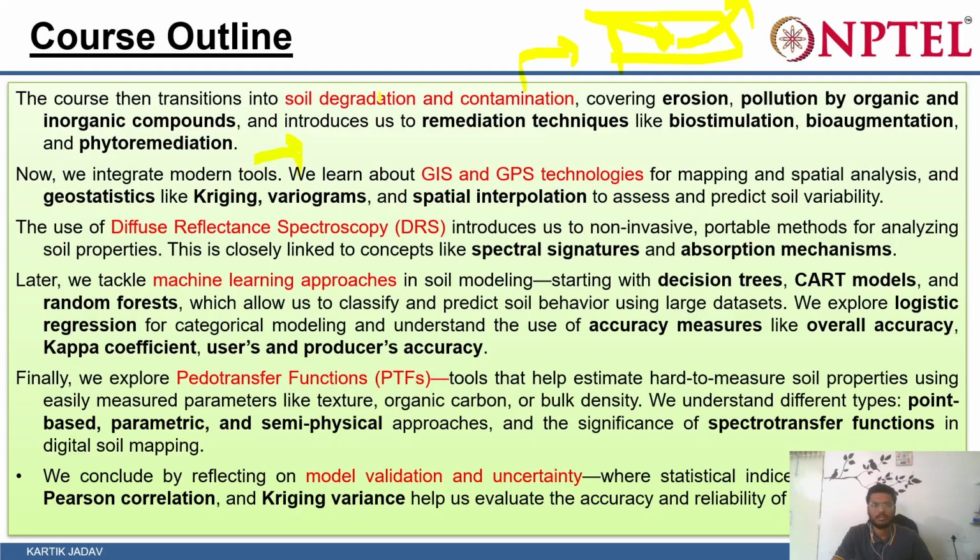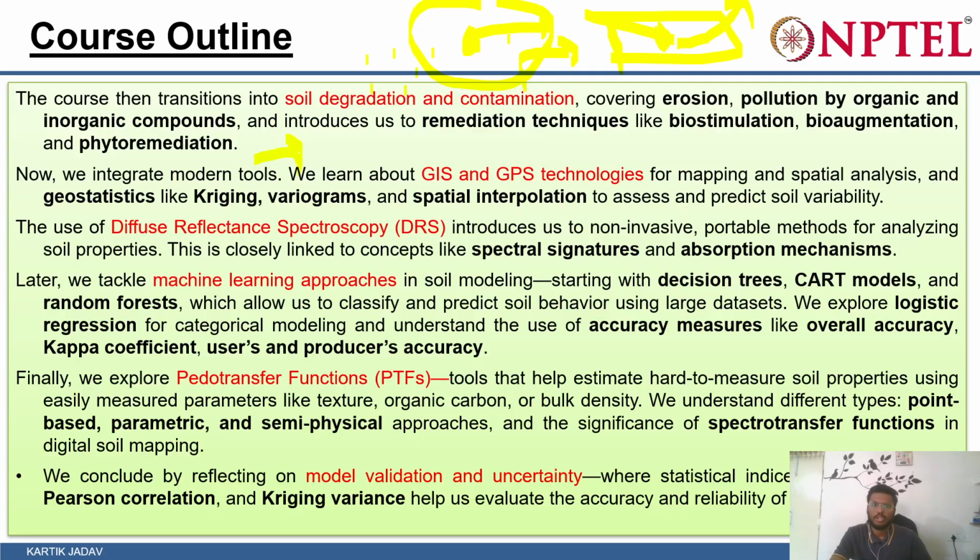Because point scale data has various limitations, as it is only one point. Suppose you have one district and you just have data of this point. That's why this point does not represent the entire district.